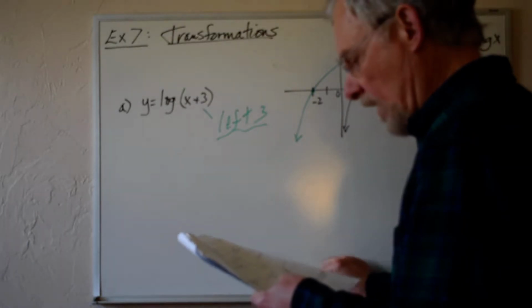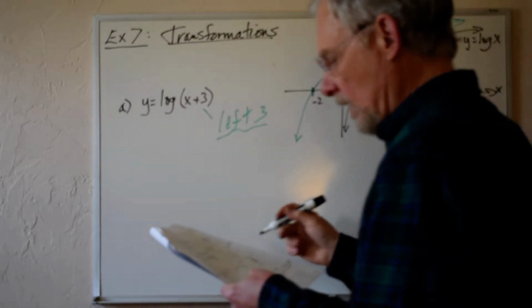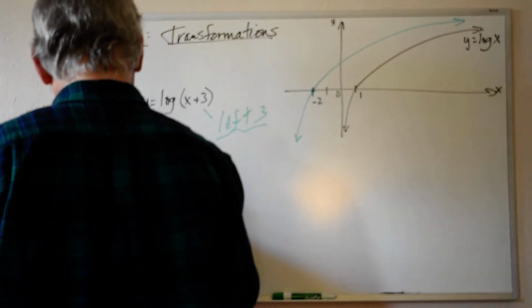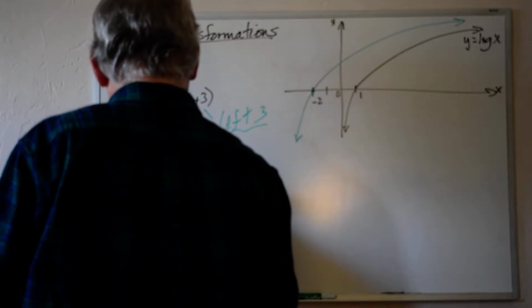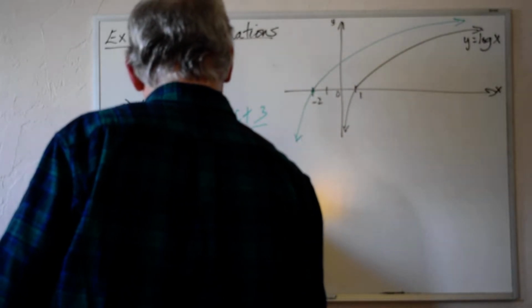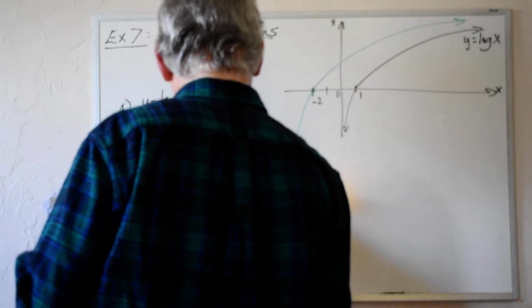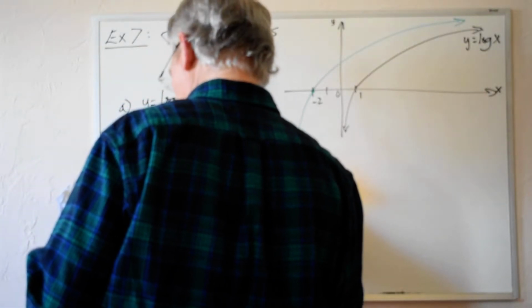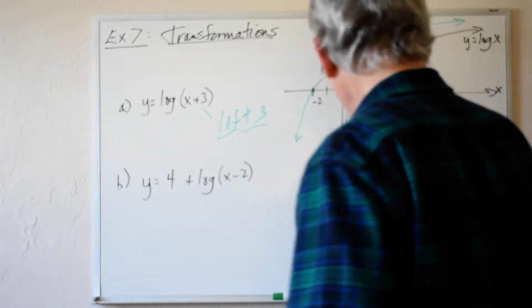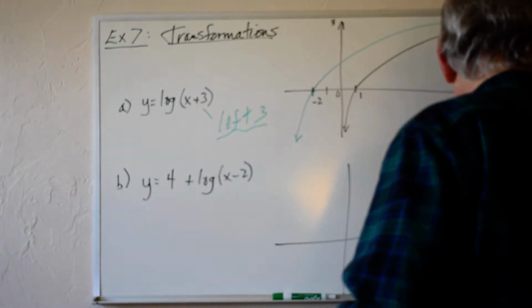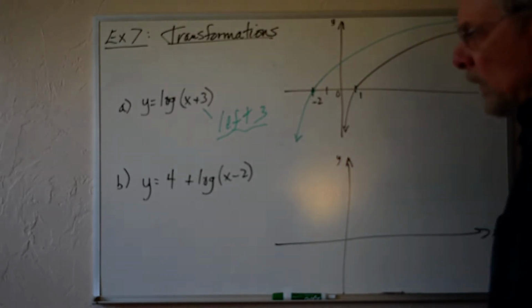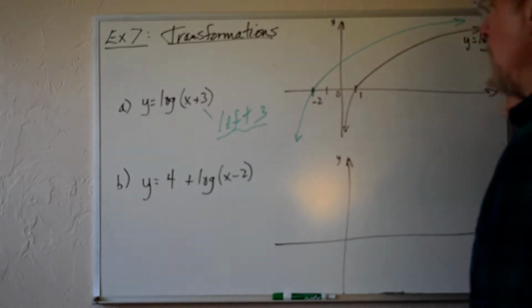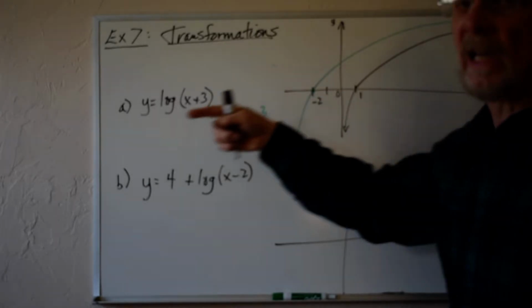If we look at part B of this example, we have y equals 4 plus the log of x minus 2. Well, here when I added 3, it took me to the left 3.